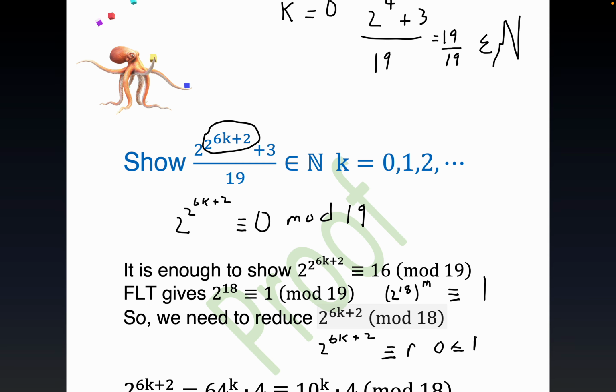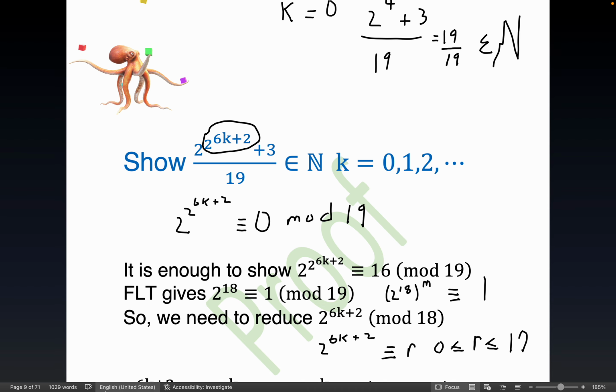Those are simply the remainders when you divide by 18. That's why I'm using r for remainder. Again, if you divide any number by 18, you're guaranteed to get an integer between 0 and 17 inclusive, and 0 would be the case where it's just a multiple of 18. We switched to 18 here, not 19, because of the power of Fermat's little theorem.